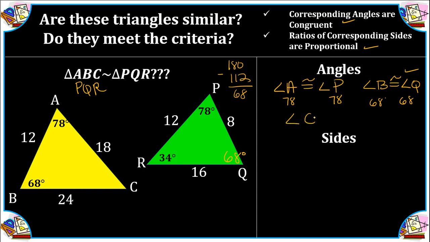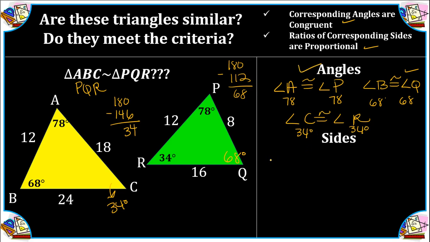And then we need angle C to be congruent to angle R. So we need to add up 78 and 68, and that gives us 146. So we're going to subtract out 146, and we're going to get 34. So this angle is 34. So C and R are 34 degrees. Okay, so we have met the criteria that the corresponding angles need to be congruent.